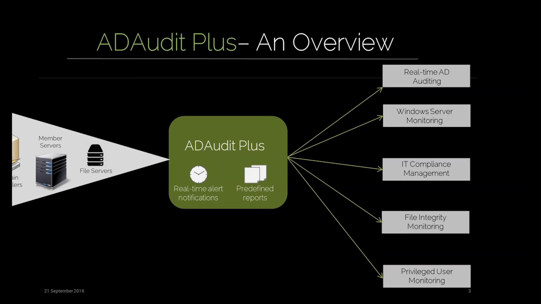That's member server auditing. And again, the tool is not going to install any agents on the member server or on the domain controller or even on the file servers. So that's the second report we have, member server auditing, which will give you the details about all the changes that happen on the servers.